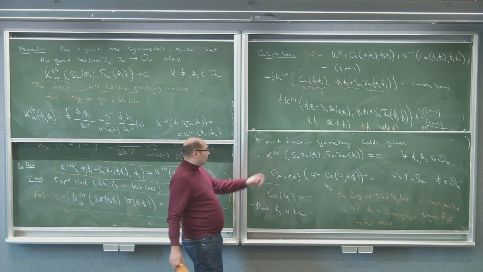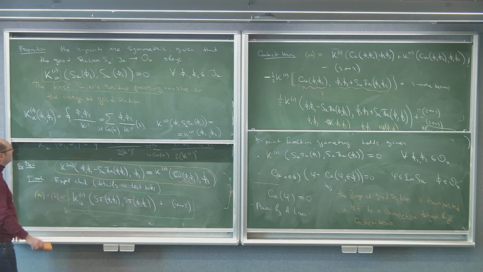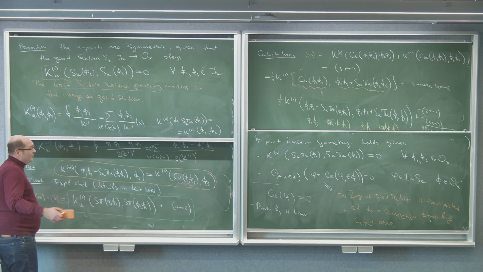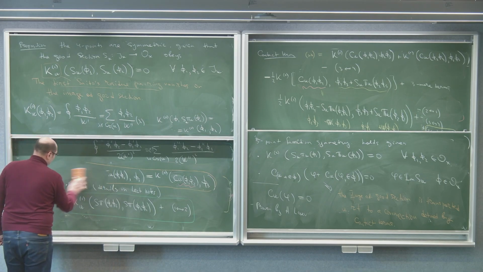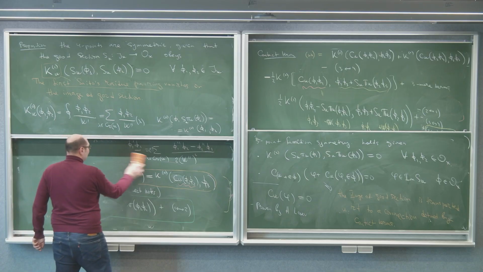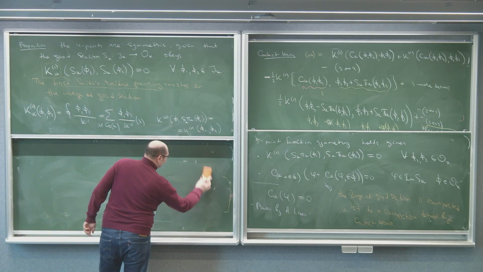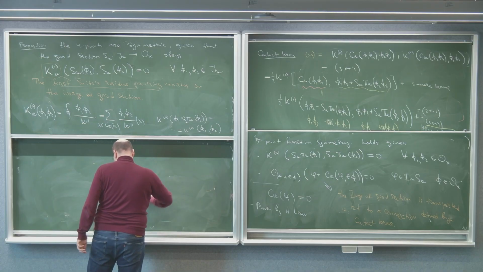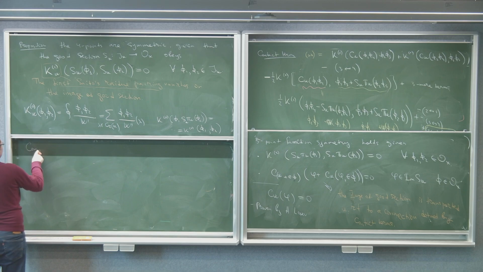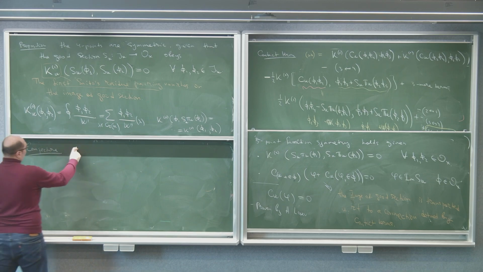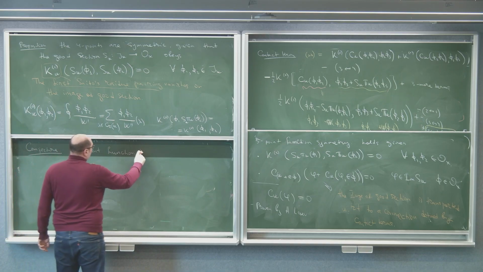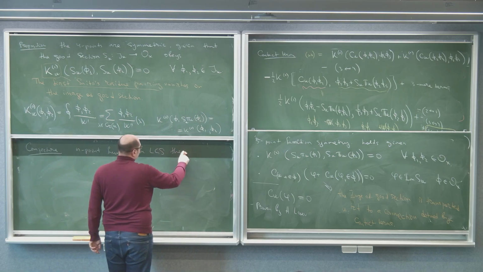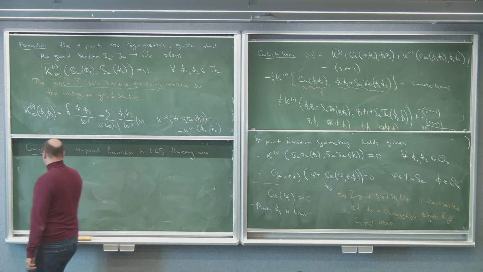Given these two conditions, and given the fact that these two conditions match the definition of a good section in Kyoji Saito's theory of primitive form, we conjectured the following. Conjecture: n-point functions in LG theory are symmetric.